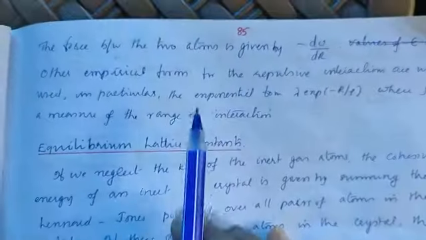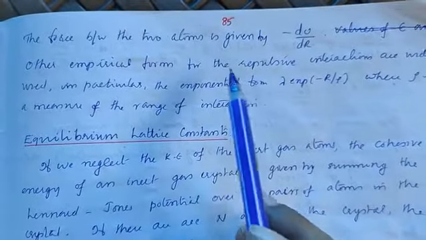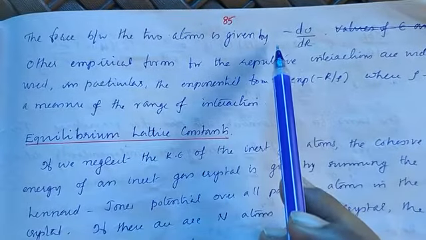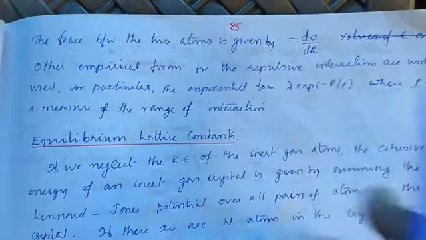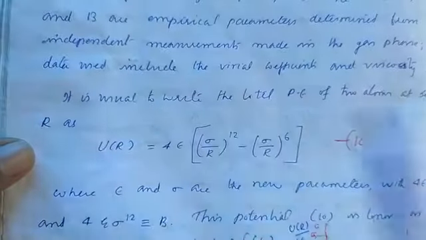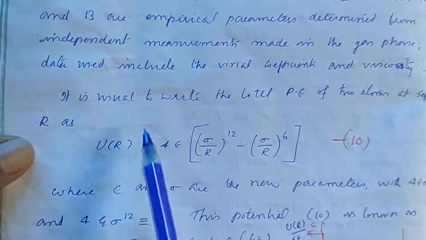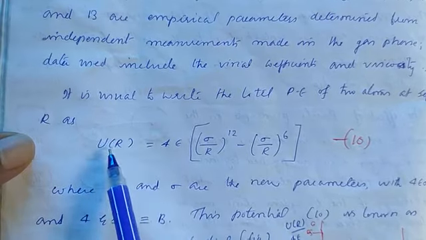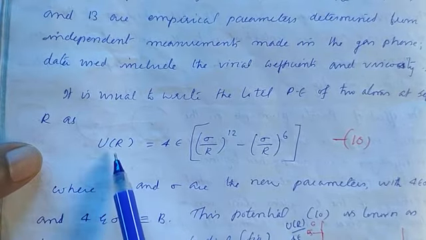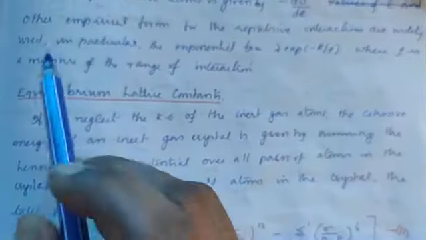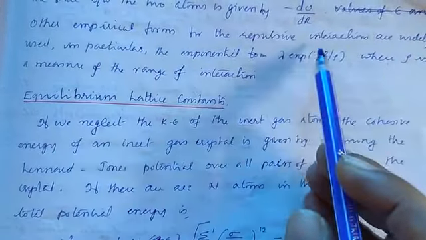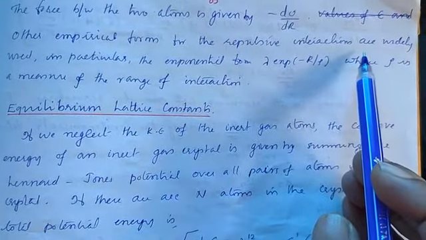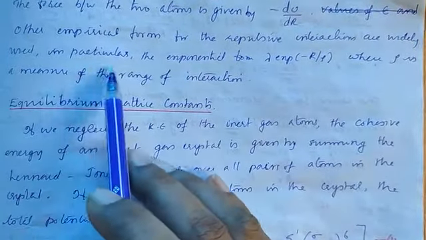The force between the two atoms is given by minus dU by dR. Since this is the equation of potential energy, taking the minus gradient of this potential will give you the force between the two atoms. Other empirical forms for this repulsive interaction are widely used.